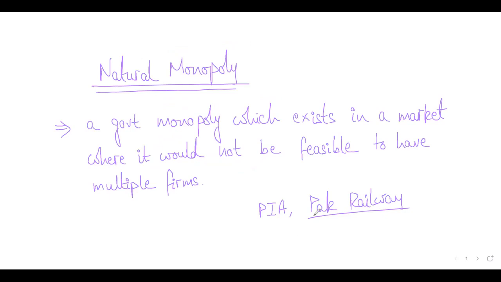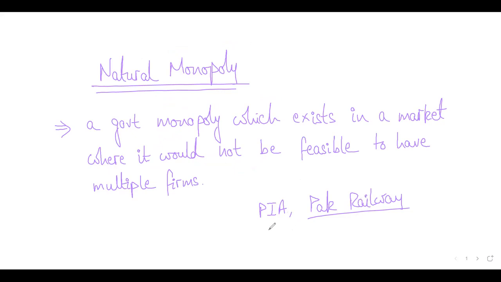Same goes for WAPDA. WAPDA is an electricity producing company that has its own dams and hydroelectric power stations. The initial investment is very high, and it is therefore not very feasible for new firms to enter.